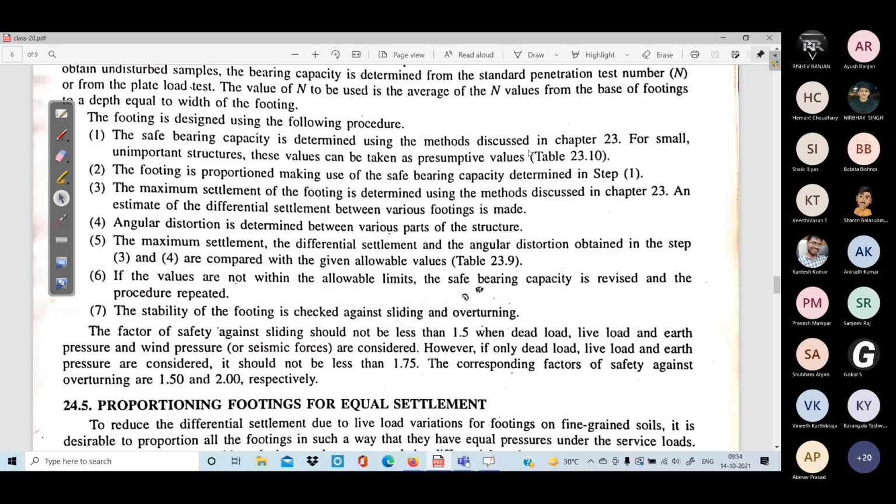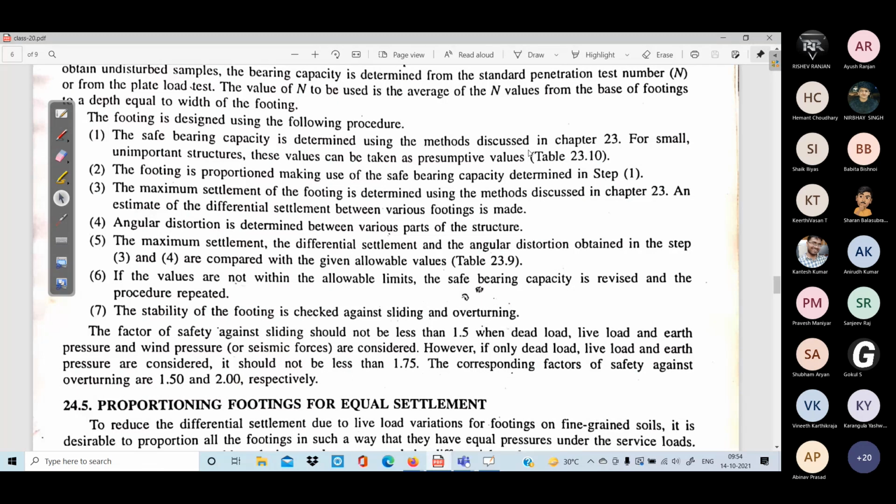Then the footing is proportioned according to the bearing capacity determined in step 1. Then the maximum settlement of the footing is determined using the method discussed, and we know that the differential settlement between the footings and the angular distortion are obtained for the parts of the structure.